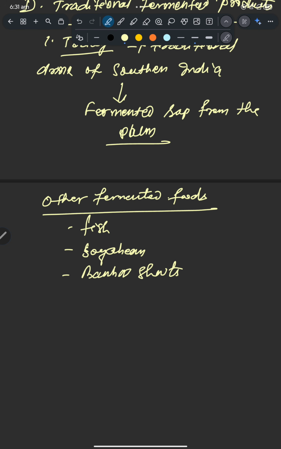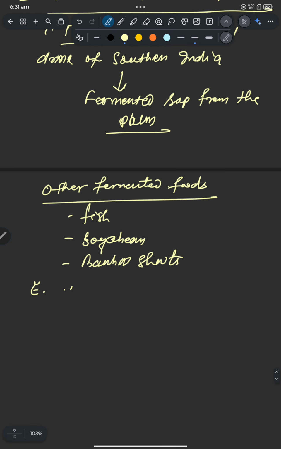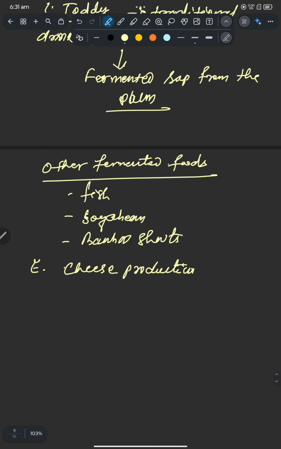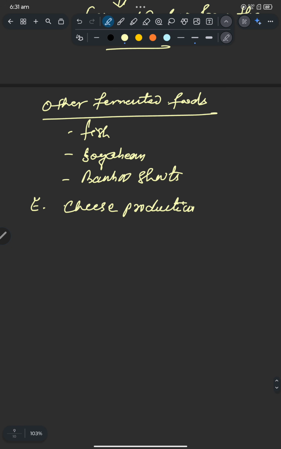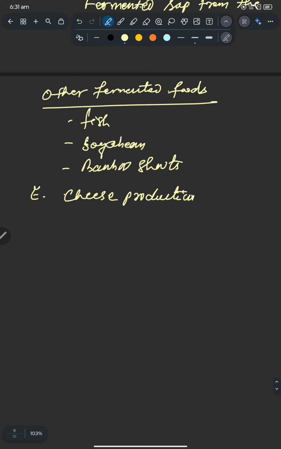Then the next one is cheese production. This is one of the oldest microbial food products, and cheese is famous because of its texture. There are different types of cheese depending on texture, flavor, and taste.